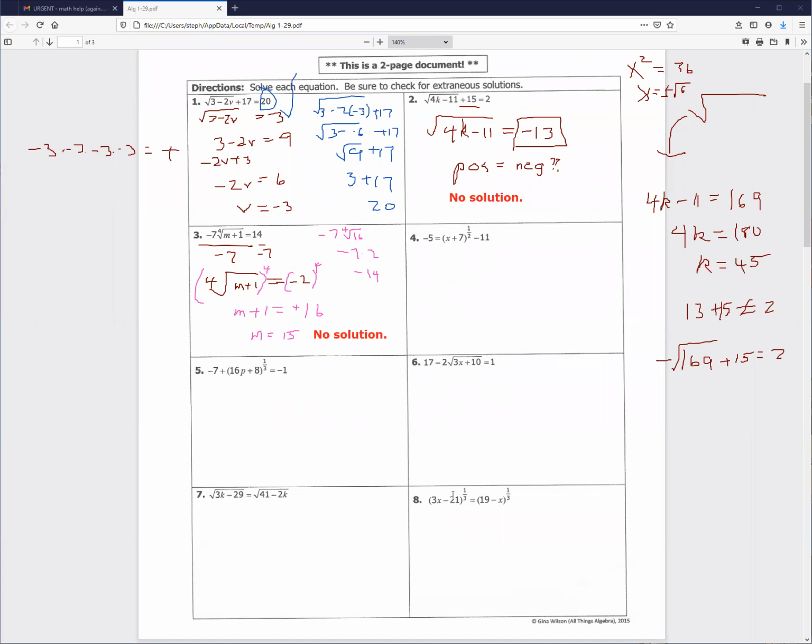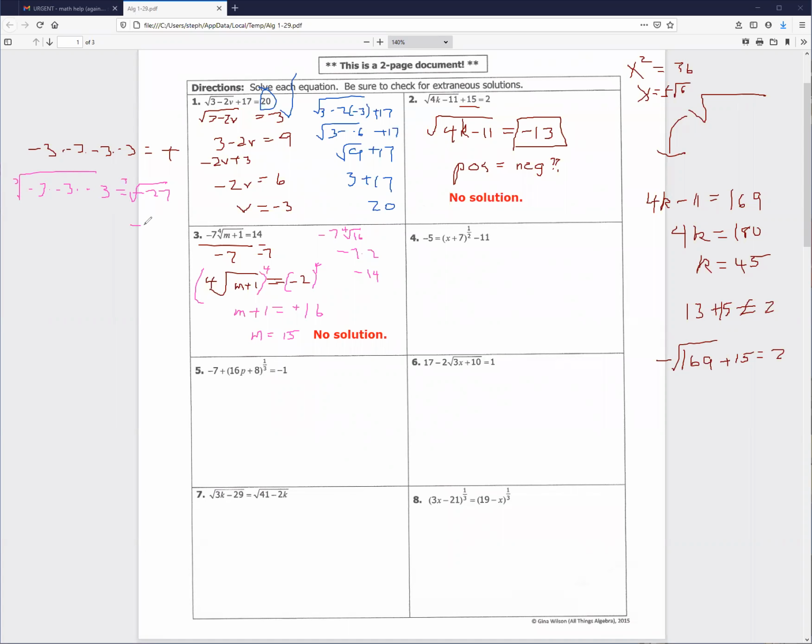Now, I will say as a caution, that would not be true if this was a cube root. Odd roots you can raise and get a negative because if you cube a negative, you do get a negative. So it is possible to then say, well, if I cube root this, it'd be like cube rooting that.